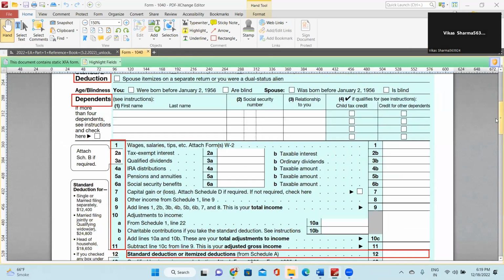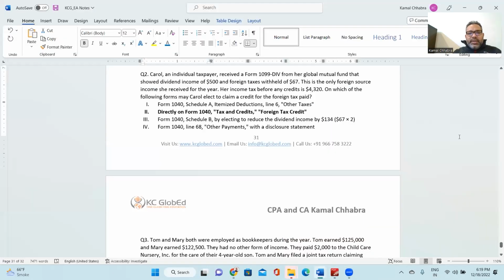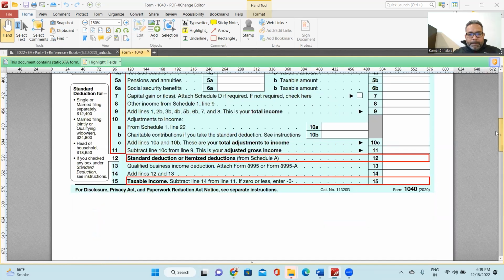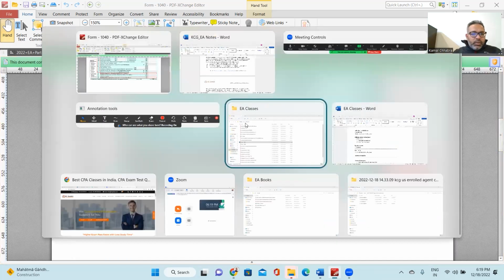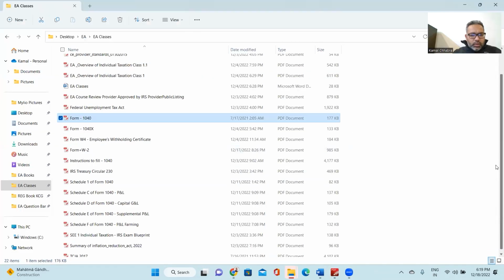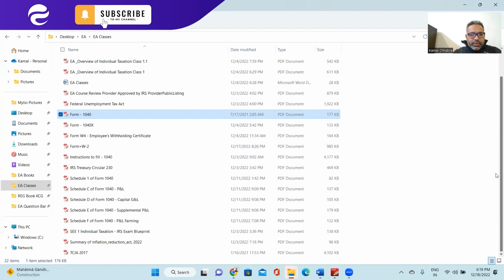If you see the first option, they are saying Schedule A, itemized deduction. So in Schedule A, itemized deduction, remember this Schedule A of itemized deduction.